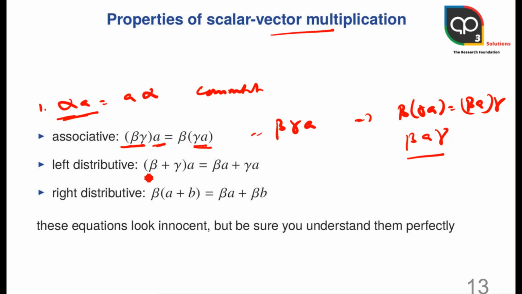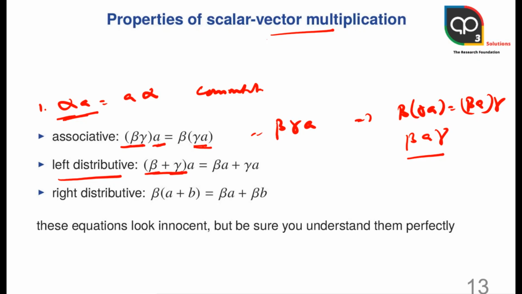If A is a vector and beta and gamma are scalars, then (beta plus gamma) into A is equal to beta A plus gamma A. This is the left distributive property of scalar vector multiplication. Scalar vector multiplication, like ordinary multiplication, has higher precedence in an equation than vector addition.